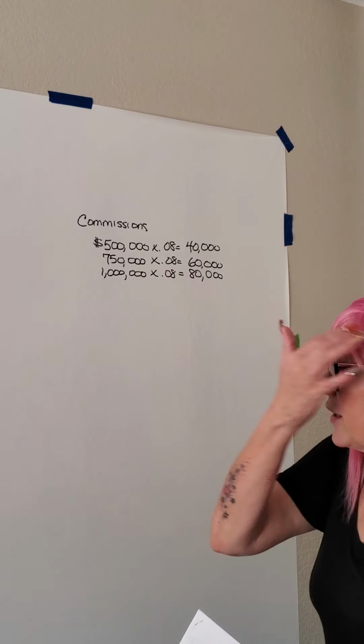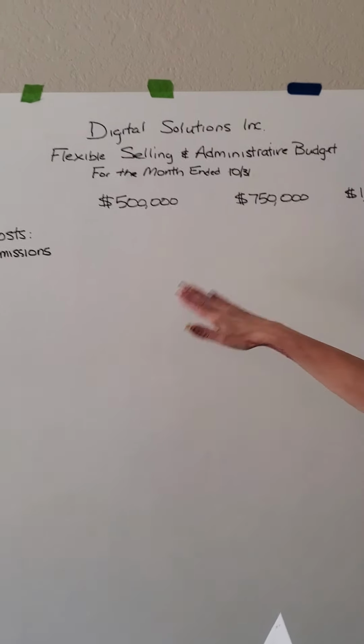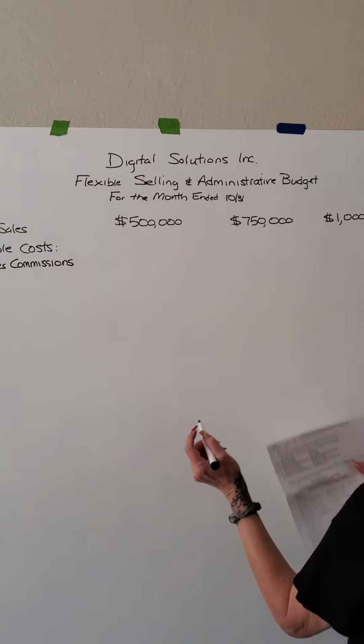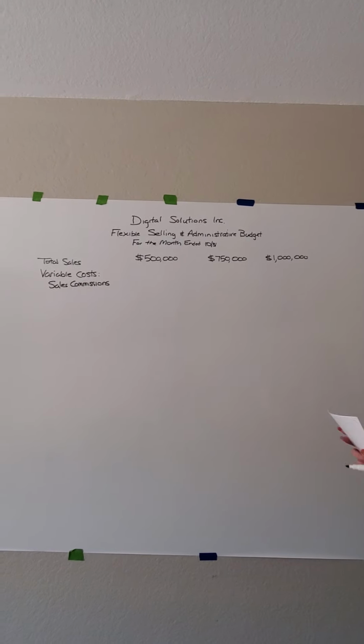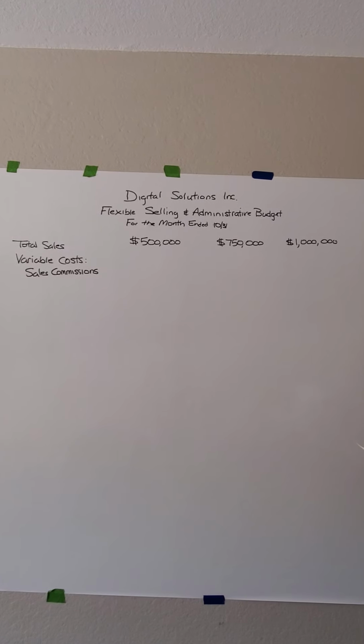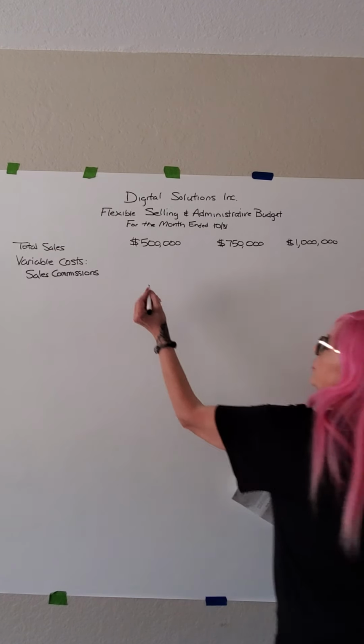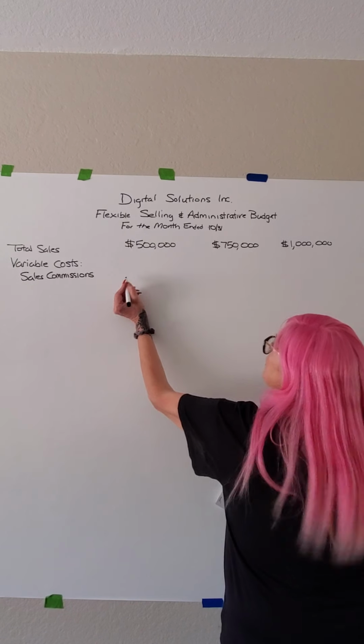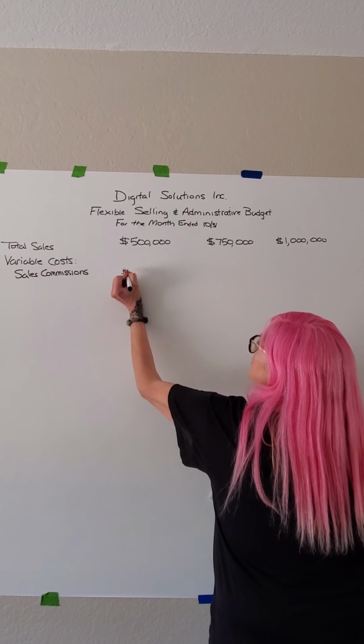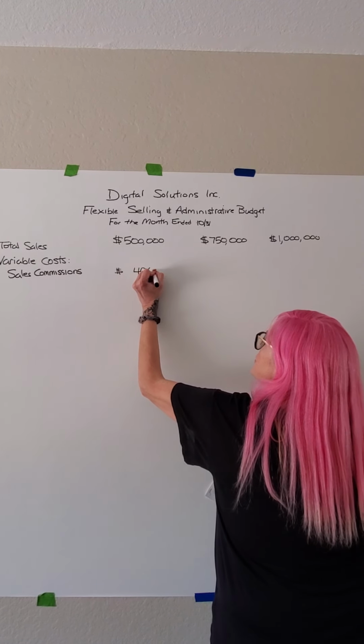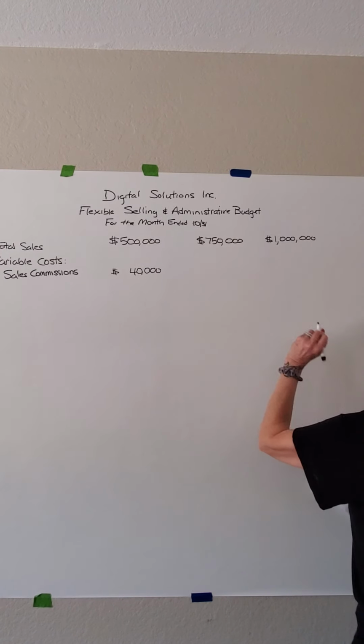So again, with a flexible budget, you have 3 different levels. So here I'm going to put commissions, and I want to make sure how they want it in your homework. So you're going to put it in as a positive number. So here we've got sales commissions at $40,000 when our sales are $500,000.